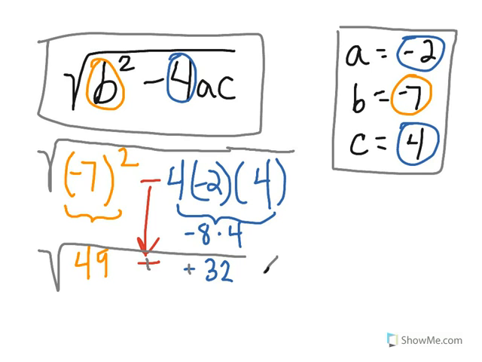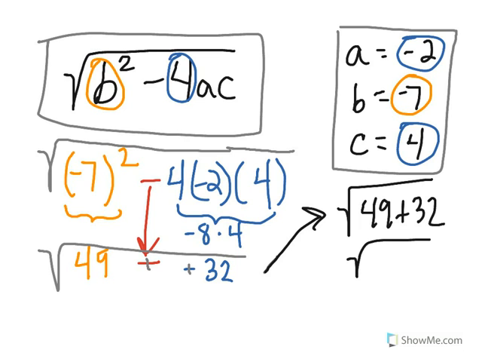Square root, I have 49 plus 32. And that's going to be the square root of, now if we take 49 plus 32, we're going to be at 81. And the square root of 81 happens to be 9.